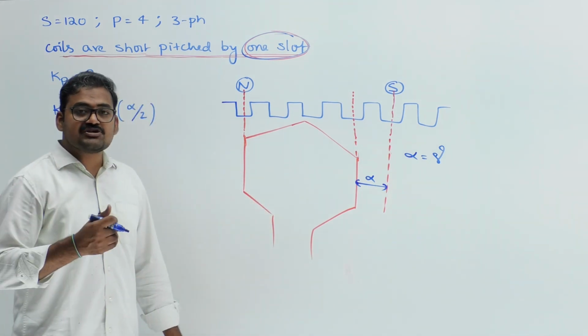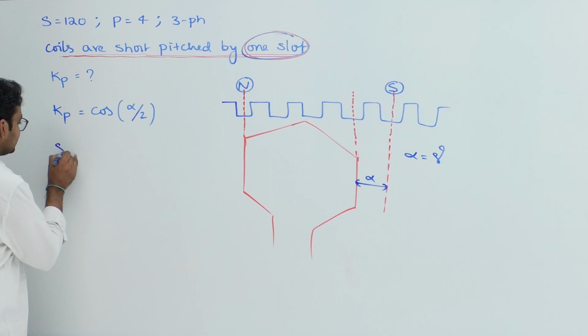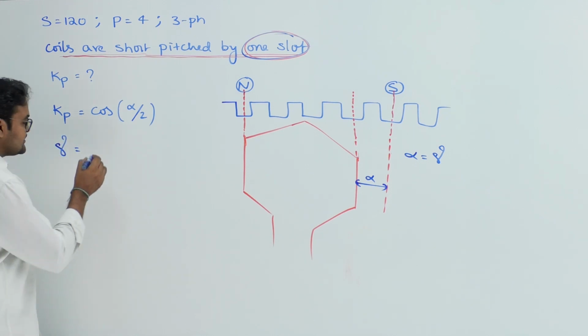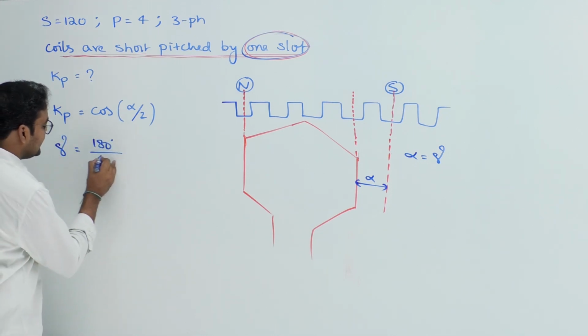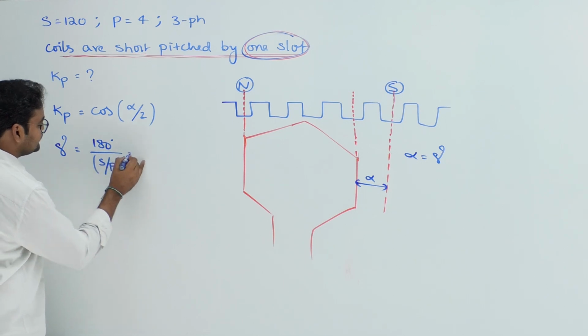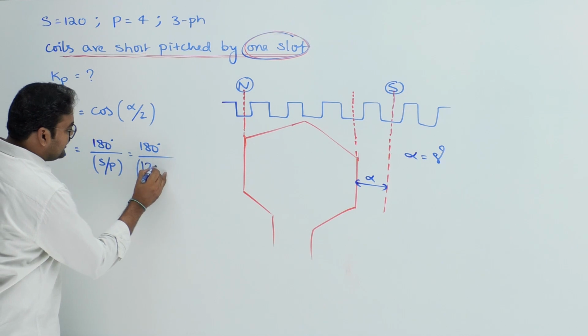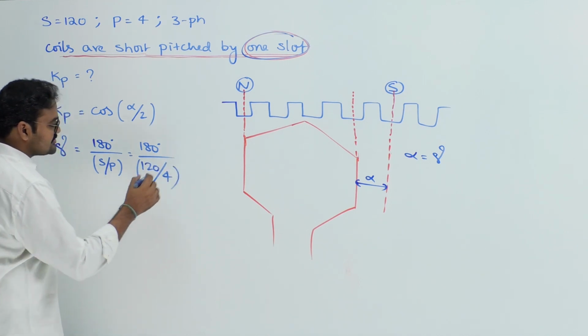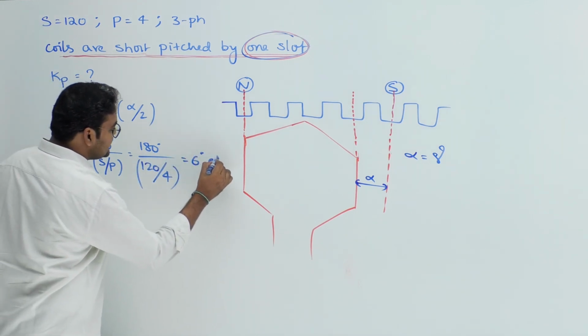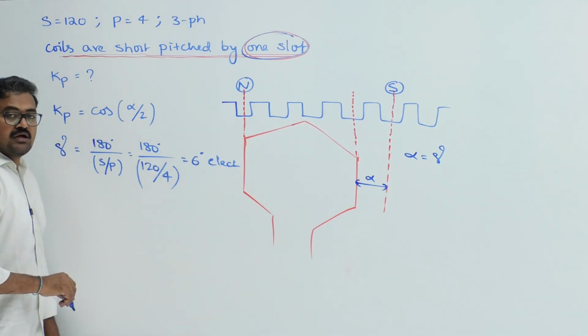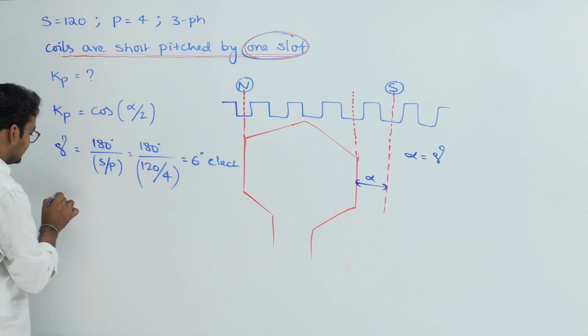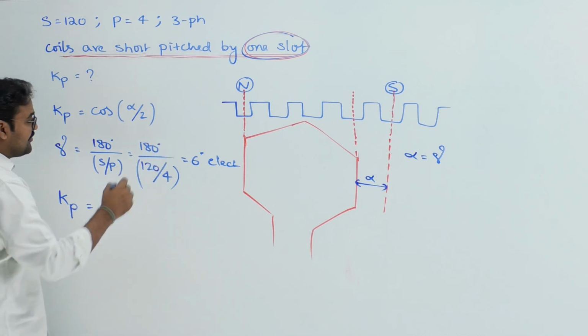So first your duty is to calculate gamma. What is the formula for gamma? We already discussed. It is 180 degrees by slots per pole. Therefore, it is 180 degrees by overall 120 slots are there with 4 poles. This will be equal to 6 degrees electrical. Now substitute that 6 degrees here because alpha is equal to gamma.